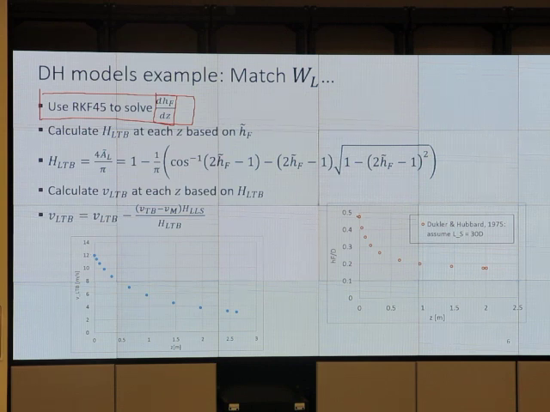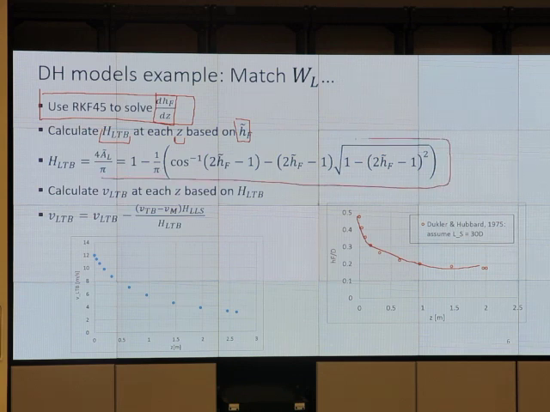Use it, I get those dots. Calculate HRTB at each z, based on HF from this one.